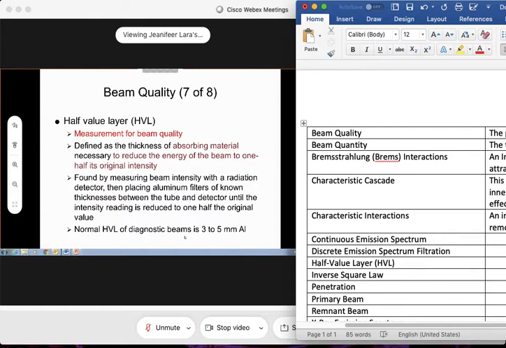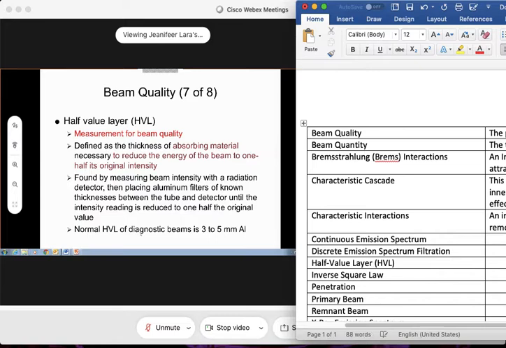So on that diagnostic beam range, the normal half value layer to determine the beam quality is anywhere from 3 to 5 millimeters of aluminum. Are we using this every time we expose? No. This is a quality check, meaning when they come in and run diagnostics on our machine, how do we know that our beam is of quality? They perform a half value layer diagnostic check.